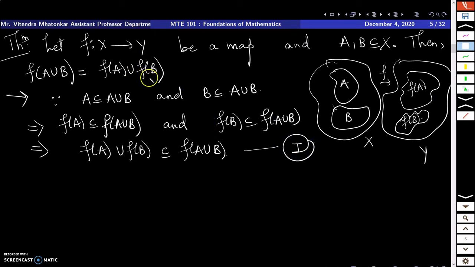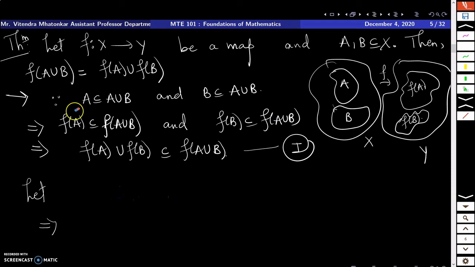Now we will show the other direction. Sorry, this is not what we want.